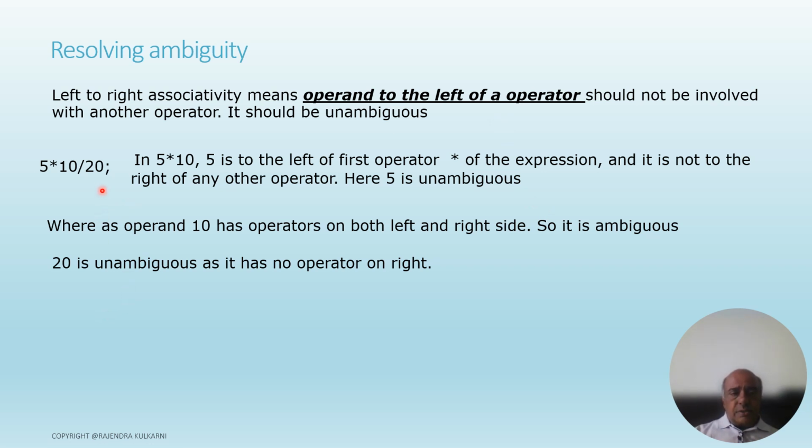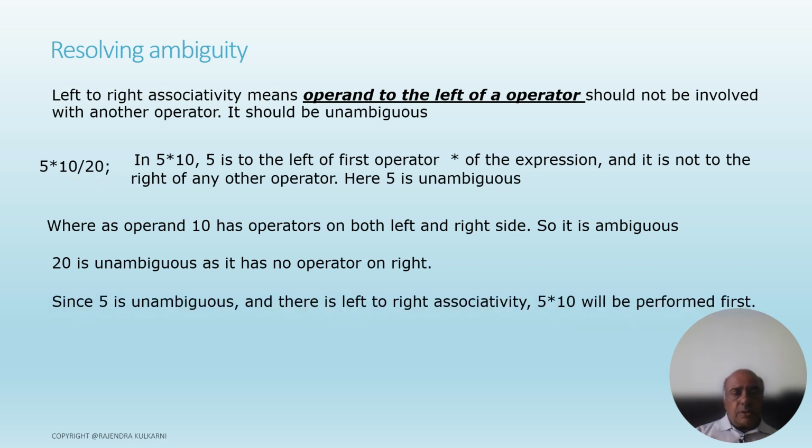It is clear as it has no operator on the right. So 5 and 20 in this expression are unambiguous. 10 is ambiguous. Since 10 is ambiguous and there is left to right associativity, 5 into 10 will be performed first.